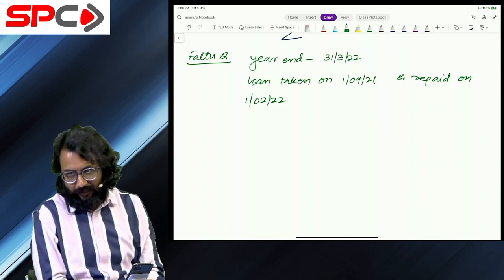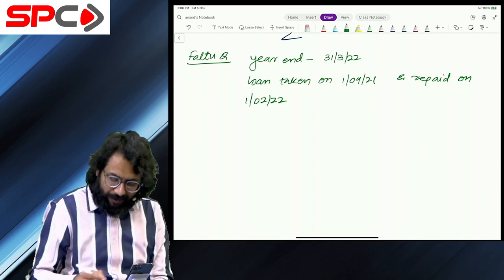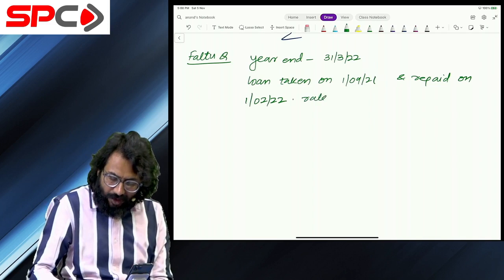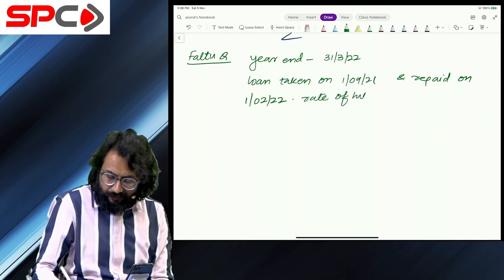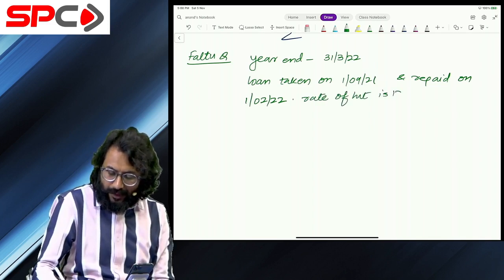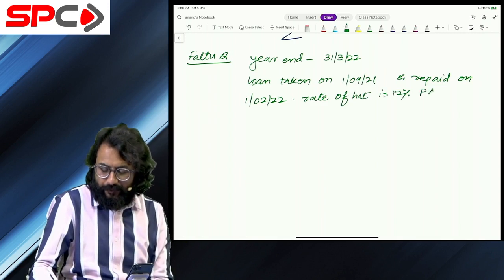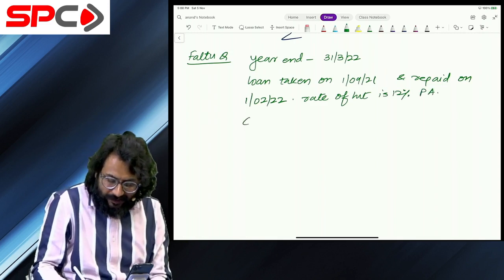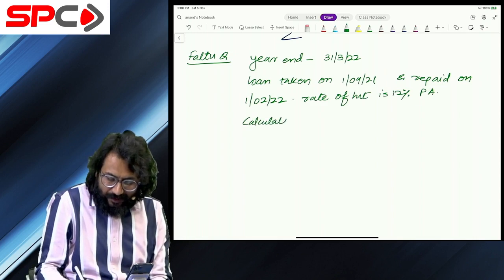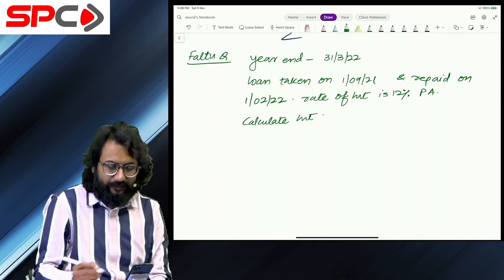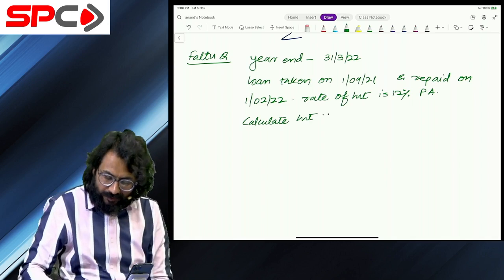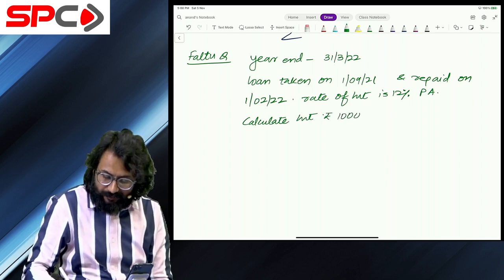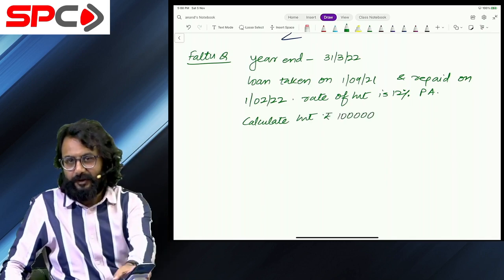Loan taken on 1st September and repaid on 1st February. Rate of interest is 12% per annum. So let me repeat the question. I am saying calculate interest. Amount rupees 1 lakh.